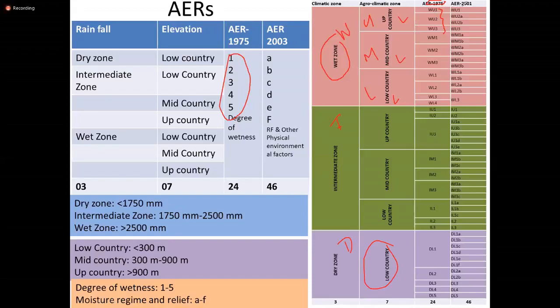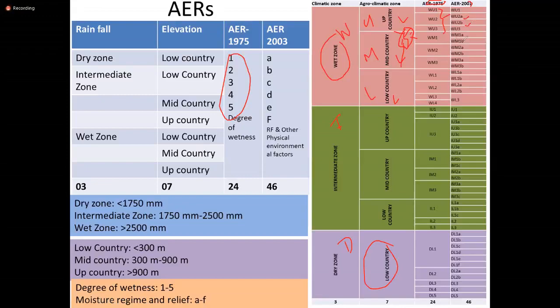So then after 2003 onwards, you can see the classification: WU1, no further division, only WU1. But WU2 is further divided into 2, WU2a and WU2b. That means the other factors and rainfall are somewhat different. The scientists developed WU2, then later they identified some characters that differ in some regions, so they further divided it into 2, that is WU2a and WU2b.